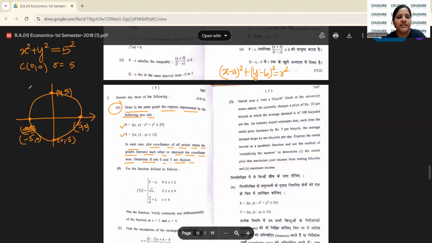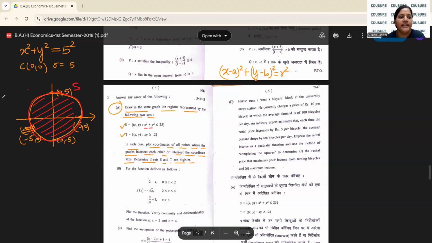Now it is given that x square plus y square is less than or equal to 25. So whenever we have a less than or equal to sign, we have the boundary of the circle and the interior of the circle. So therefore the region represented by S is going to be this shaded region plus this boundary. So this is S.